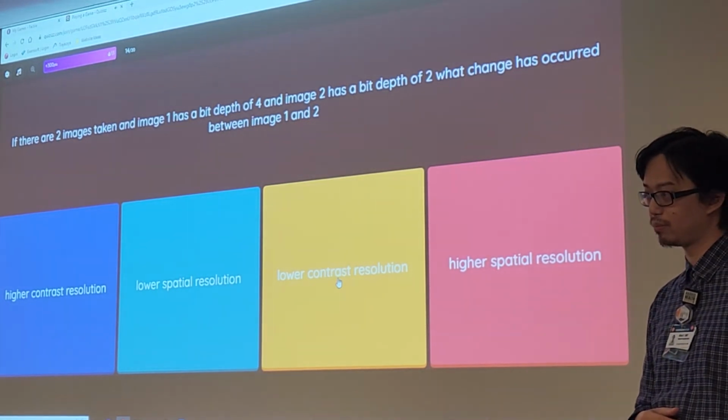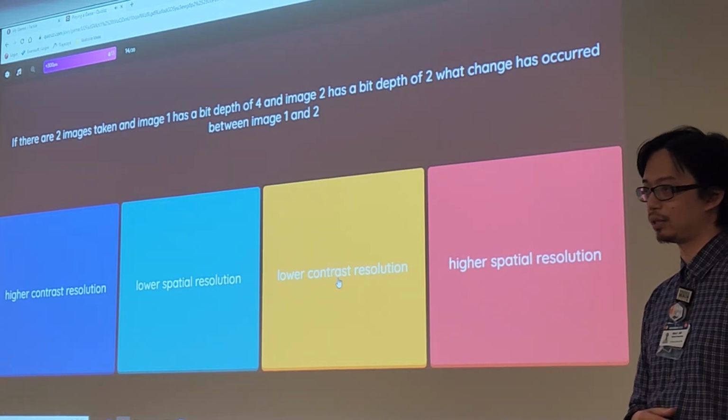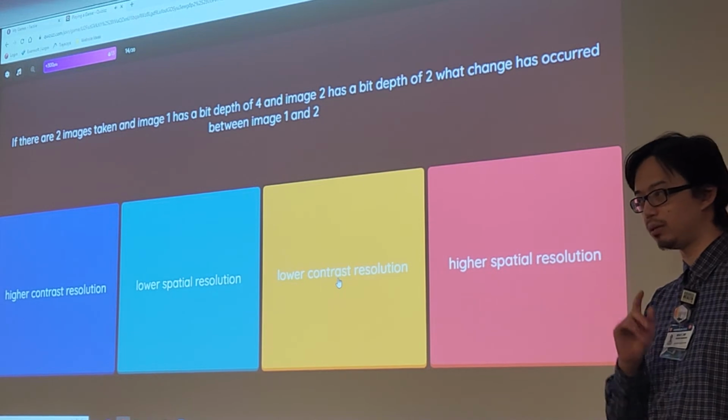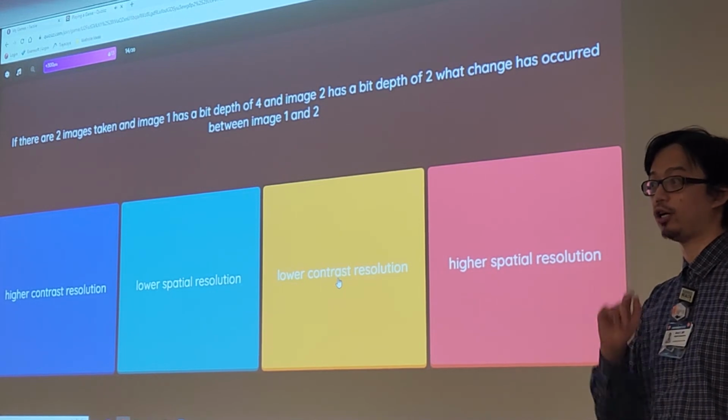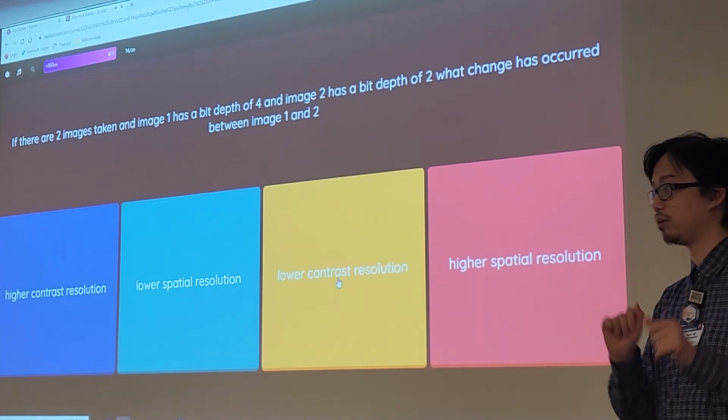Yes, it's black. Is it obvious where tissue is going to be? Yes, it's white. So high contrast, big difference. It's either black air or white tissue, no in between.